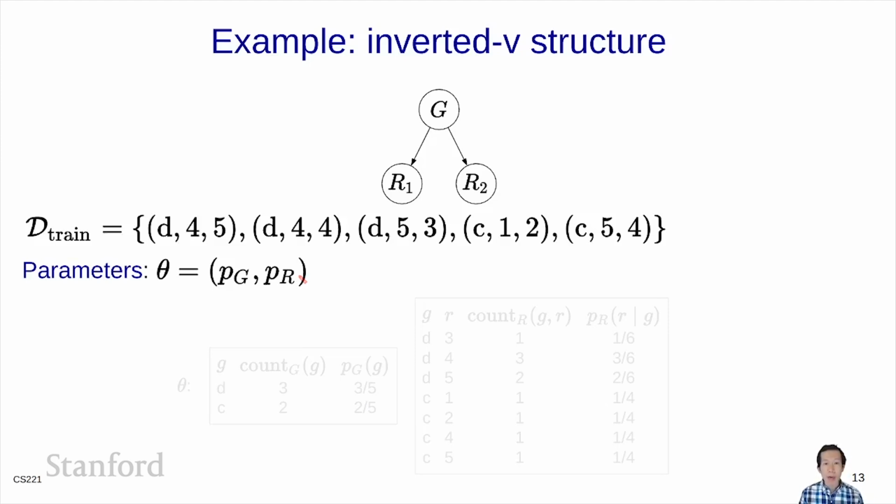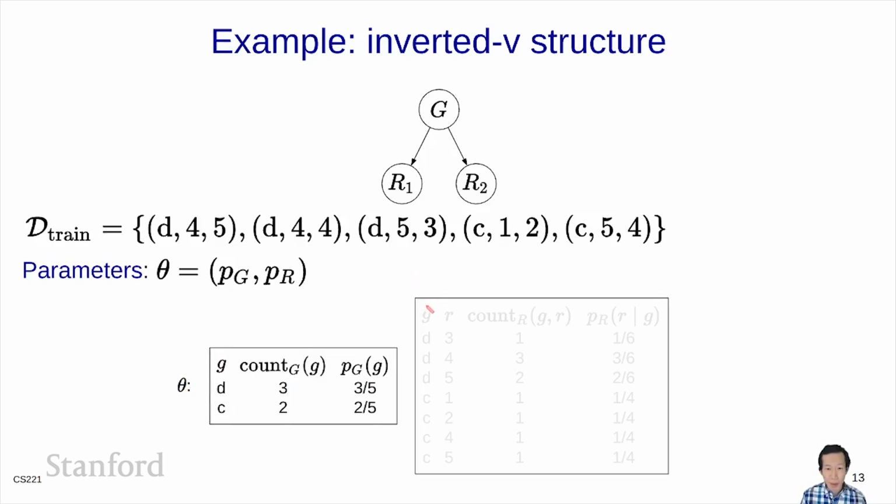So now, how do I estimate distribution of this model? So let's begin. So probability of G is the same as before. And now the probability of R given G, I'm just going to count the number of times a particular local configuration shows up either where R is R1 or R2.